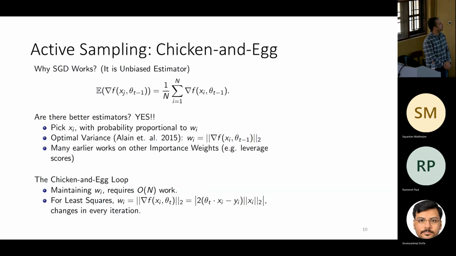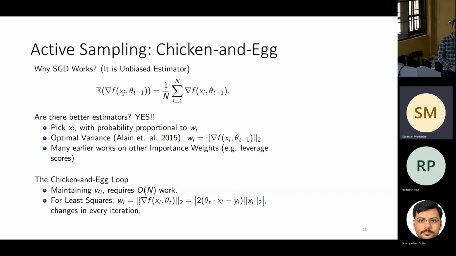Yeah, exactly. So now let's just think about it. This is what I'm trying to call a chicken and egg loop. Right? So you are at a parameter theta t. Now to sample xi in proportion to wi, you need to compute wi. There are n such wi's. So you are computing n such norms and then sampling from that.